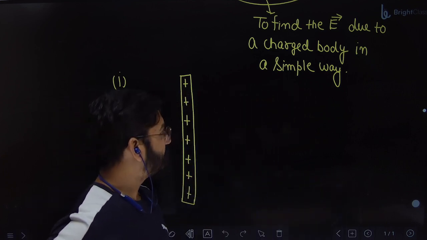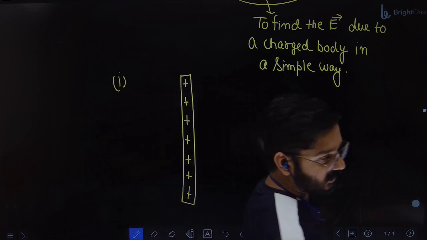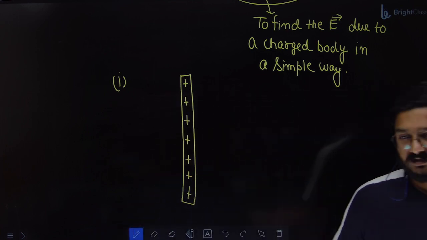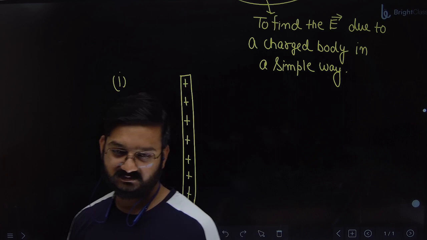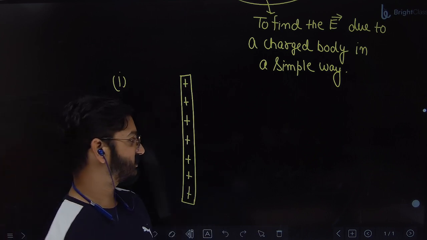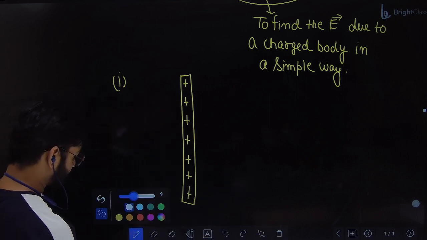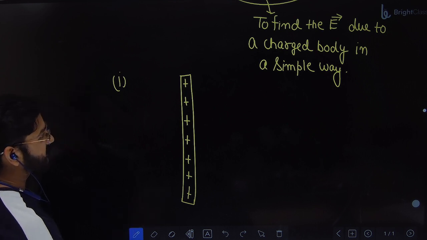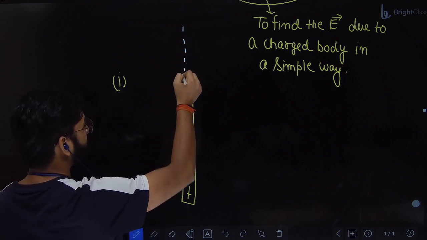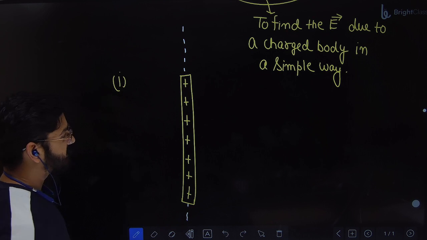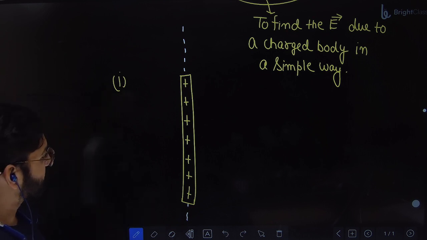The heading is electric field due to an infinitely long straight charged conductor. So you can see that we have an infinitely long straight charged conductor.